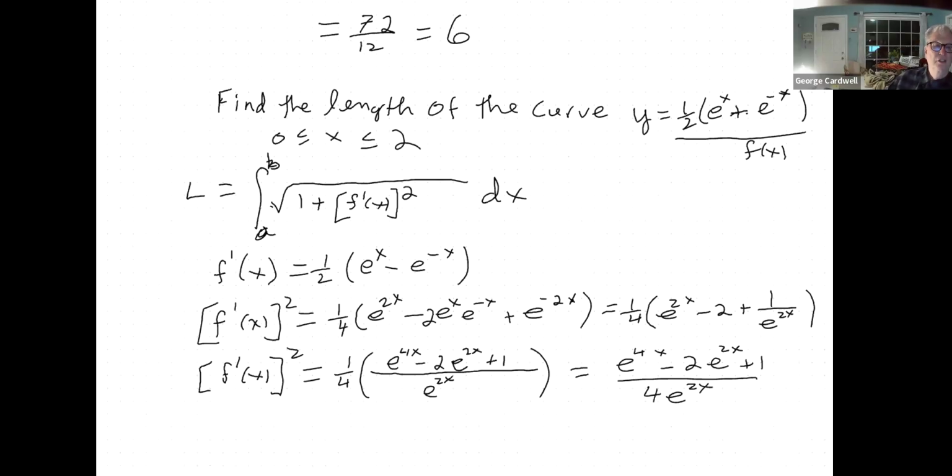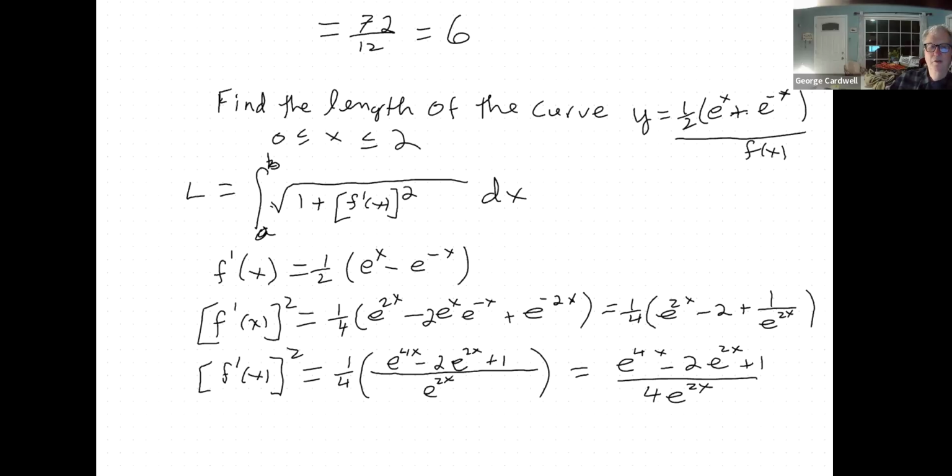So that's basically how I want to write f prime x quantity squared. I just squared the binomial. The square of 1/2 is 1/4. The square of e to the x minus e to the minus x is this. Then I simplified it to look like that. And then it's 1 fraction and 2 not fractions, so I have to make the common denominator e to the 2x, and adjust these accordingly. And then I multiply by 1/4.